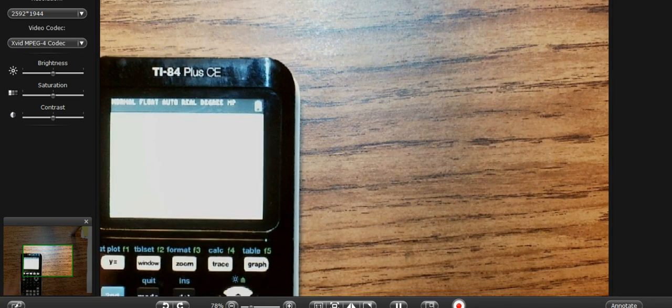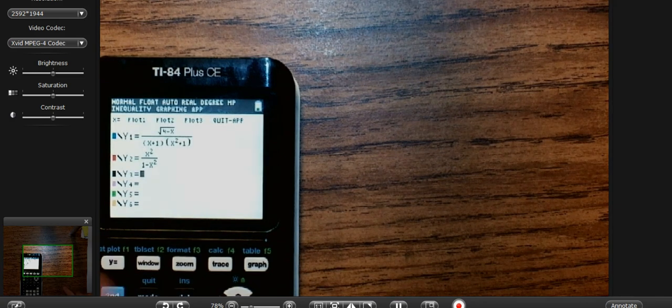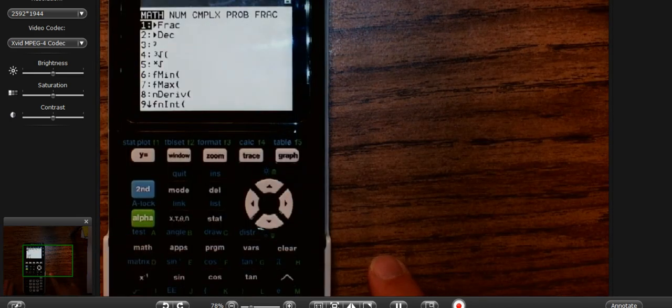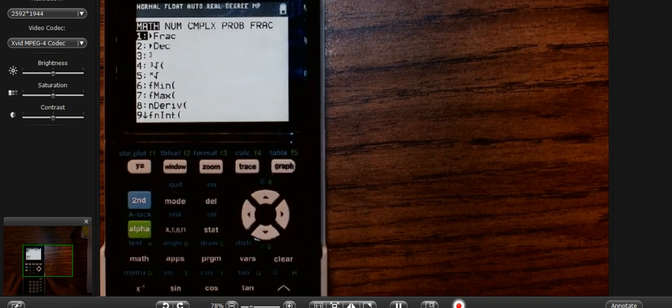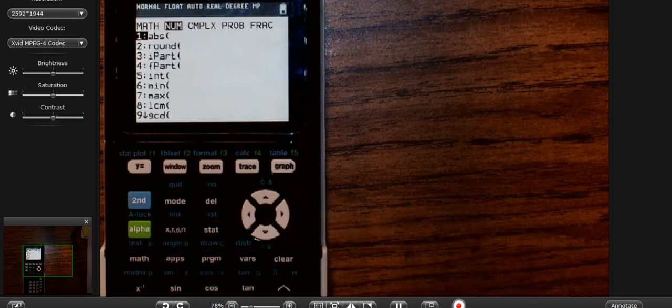So I come up to my y equals, and I hit the math button on the left side. On the left side, the math button is real close to the alpha button. And then I see the NUM across the top.